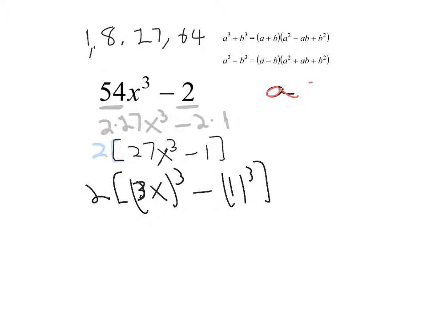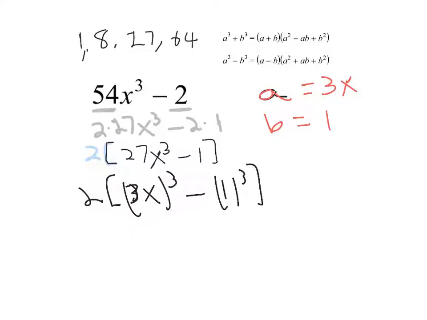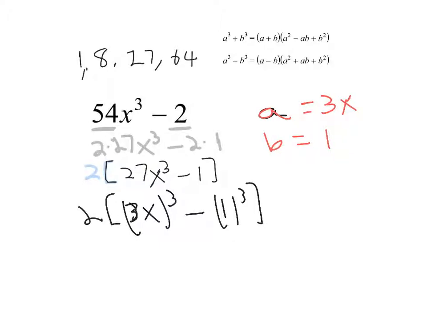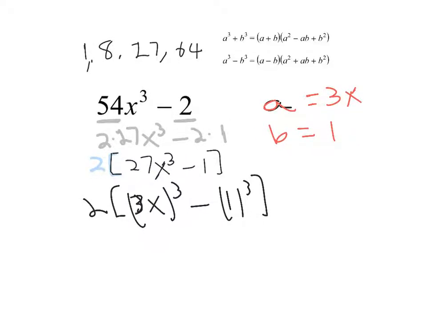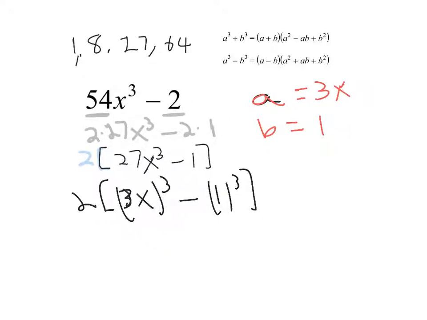Our a is 3x, and our b is 1, because it's a cubed minus b cubed. So now we are ready to write the formula fully.